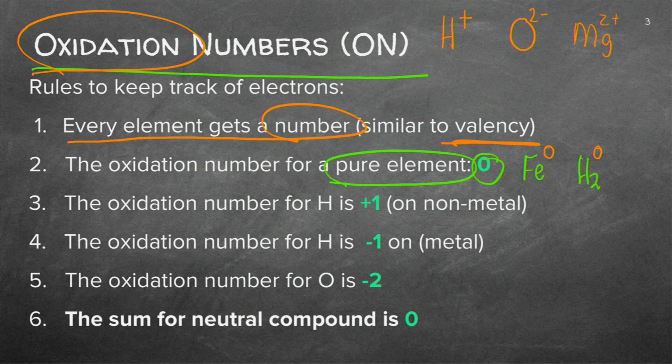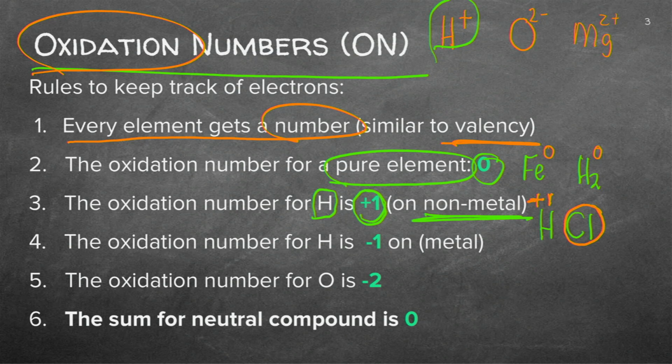Hydrogen will always have a +1 if it's bonded to a non-metal. So if I've got hydrogen on a chloride, I've got hydrochloric acid. In that case, this is a non-metal. That number will be +1.